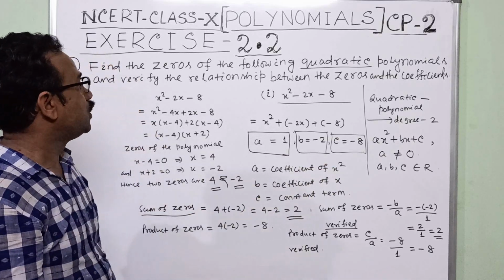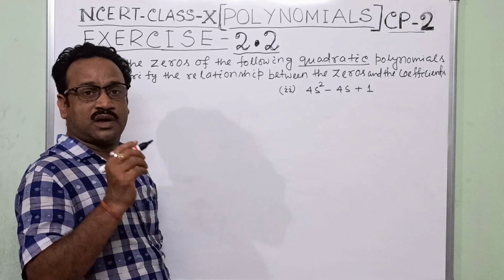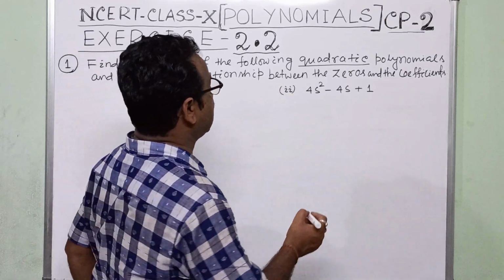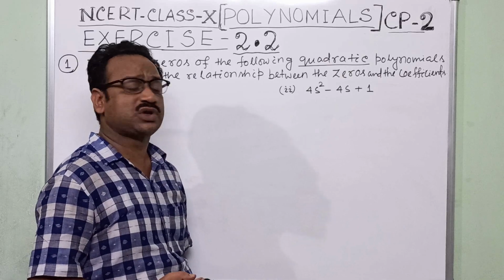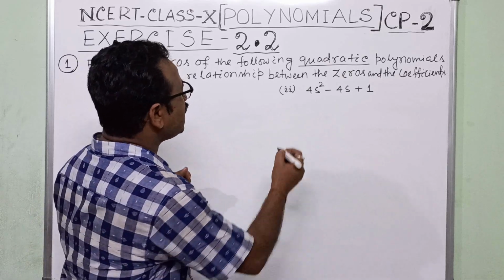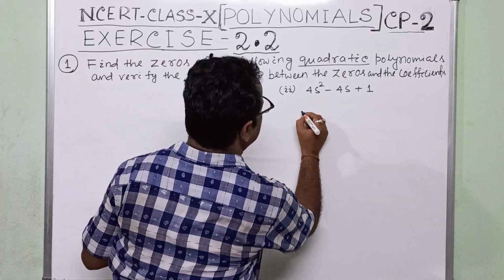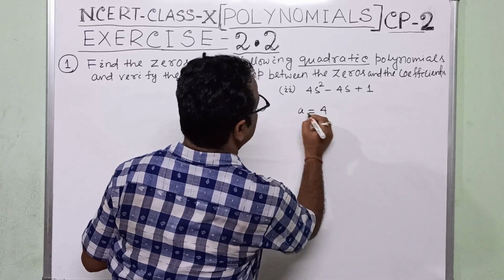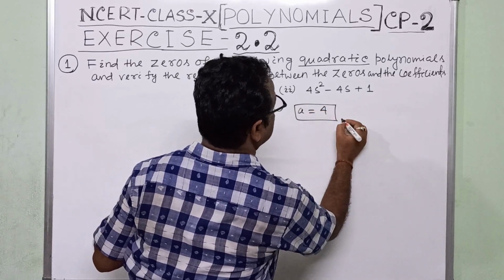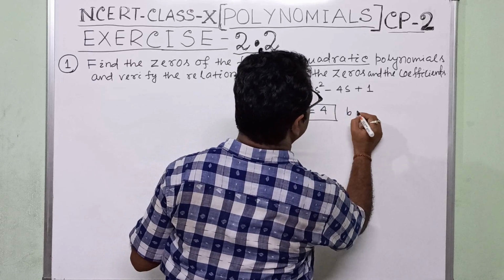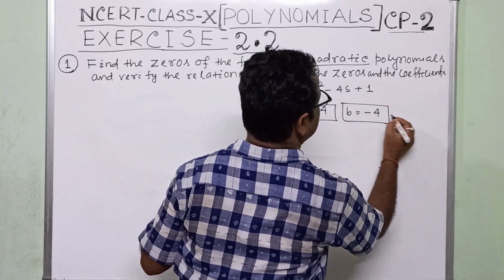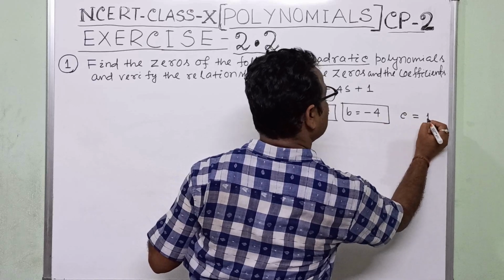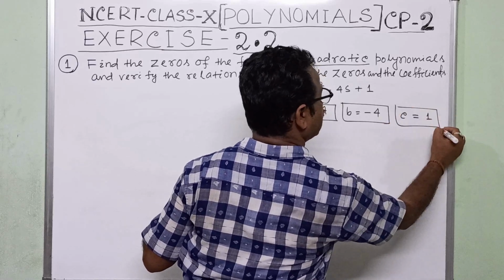Now we will move on to part 2, part two (i). Given 4s square minus 4s plus 1. So here a is equal to 4, b is equal to minus 4, and c is equal to 1. Got it?